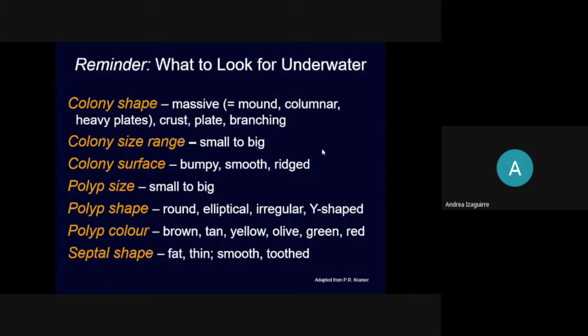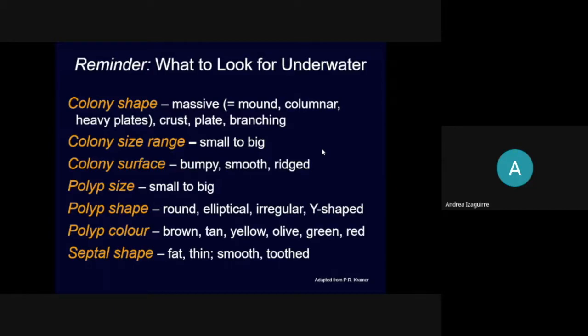But because the color is given by the algae that it accepts, there are other corals that can have a lot of different colors, so it's going to be a lot harder to tell. So color is a good one for certain corals. As you saw in the lecture before, there are certain ones where we do use color as an identification mark, but it's not an exact science.